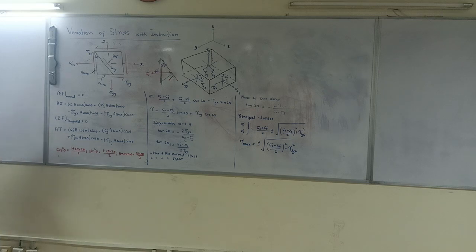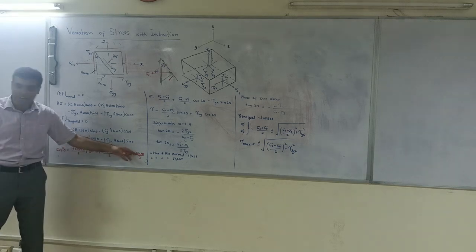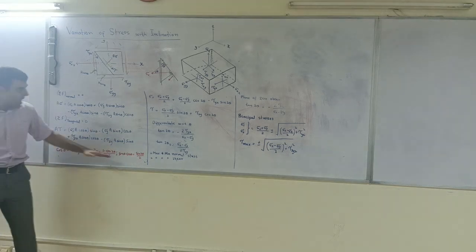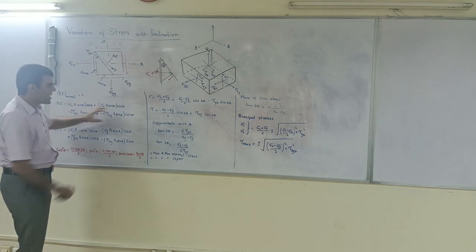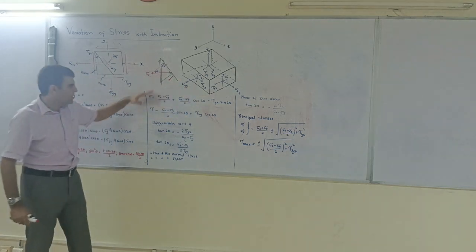Use some algebra to simplify these equations. We know from our early knowledge that cos square theta is (1 plus cos 2 theta) divided by 2, sin square theta is (1 minus cos 2 theta) divided by 2, and sin theta cos theta is sin 2 theta by 2. Plug it in these equations and you get this form.